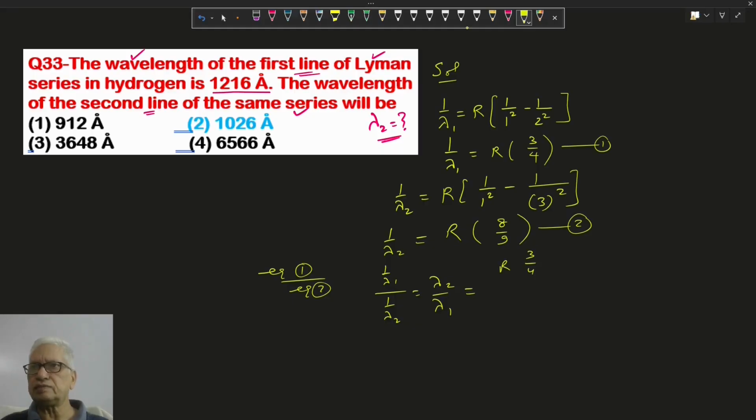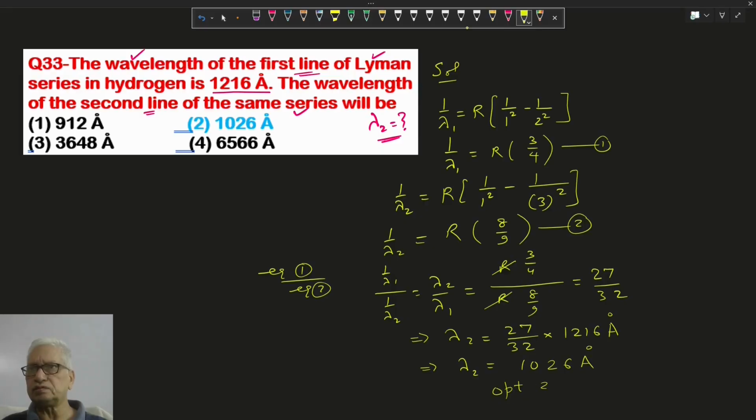Here R, 3 by 4 and 8 by 9 cancel out. This will be 27 by 32. So lambda 2 will be 27 by 32 into lambda 1, given in the question as 1216 angstrom. If we calculate, it is coming 1026 angstrom. So option 2 is correct.